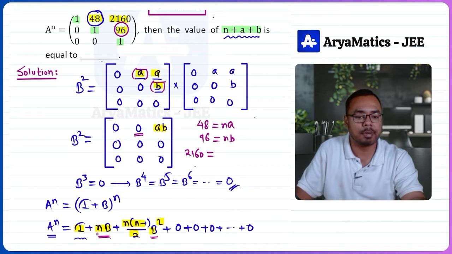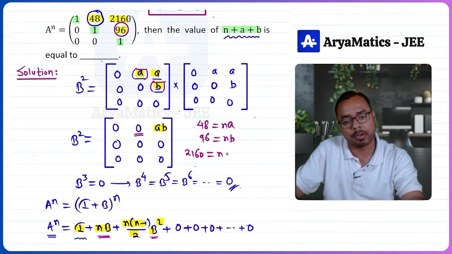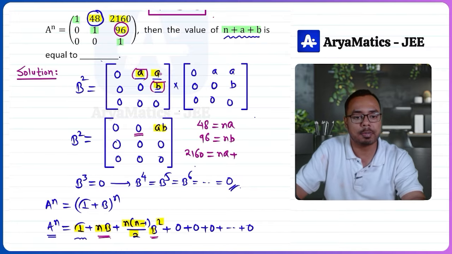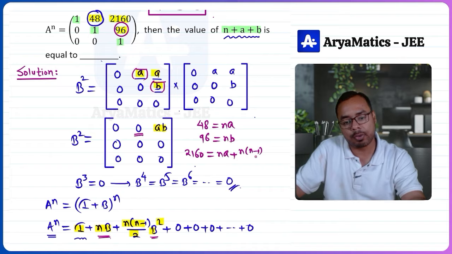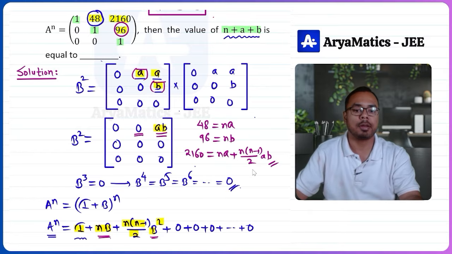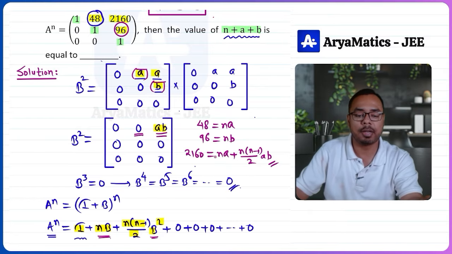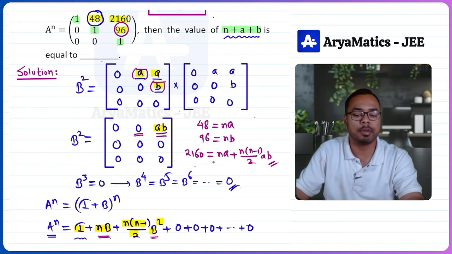From the right hand side, we'll get n into a, n into matrix B, and in matrix B we have a here, plus n into (n minus 1) by 2 into B square, and for B square the corresponding element is ab. So these are the three equations that we have, right? One equation na is 48, the other equation nb is 96, and then this is the third equation.